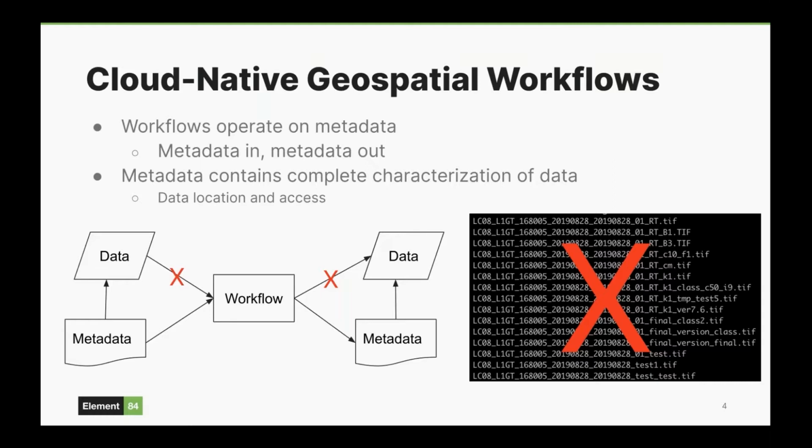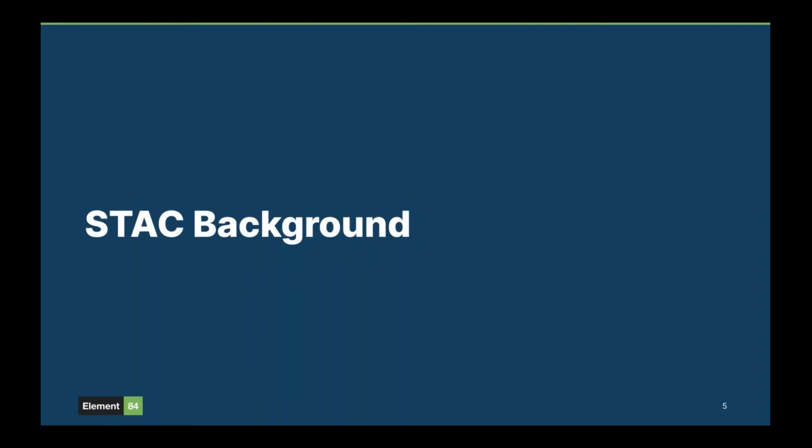You are adding things to it or changing things in it, and you're fetching data if you need to. Any derived products you create, you upload and put the location in the metadata, and your output is metadata. So it's not data in and data out, it's metadata in and metadata out. And I think this is a really powerful paradigm.